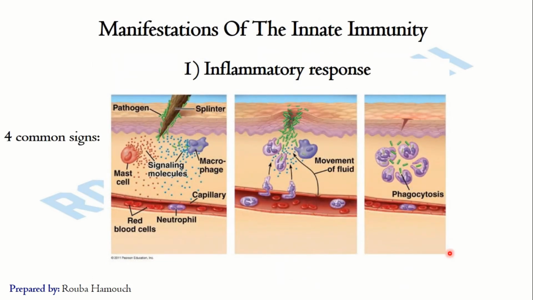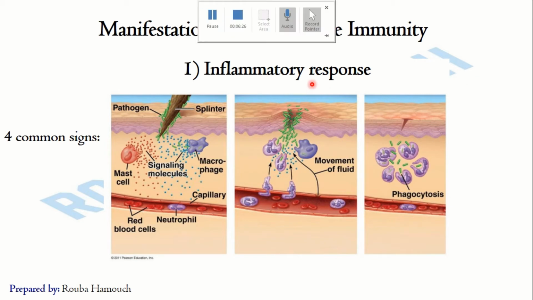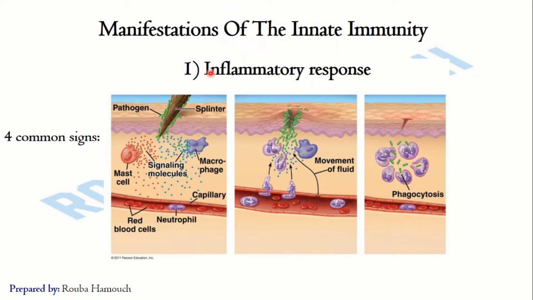Now, for the manifestation of the innate immune response, we have first the inflammatory response. The inflammatory response comprises 4 signs, which are the redness, the heat, swelling, and pain.